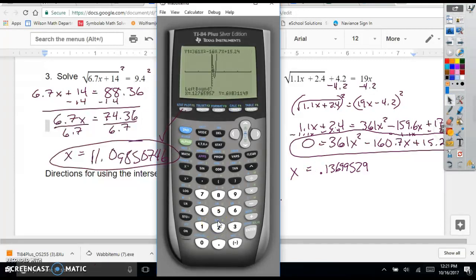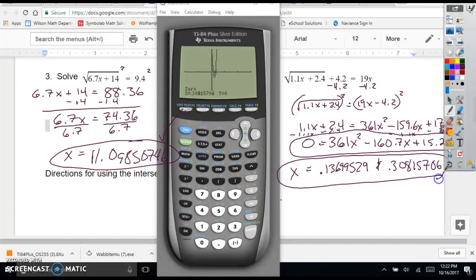So my second, okay, let's go left side. Clearly see I'm below it. Now as I move to the right, you can see I'm above it. And this one's at 3.308157 15706. So there's my two solutions right now.